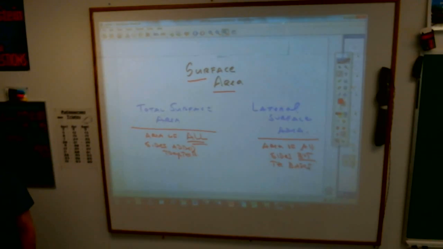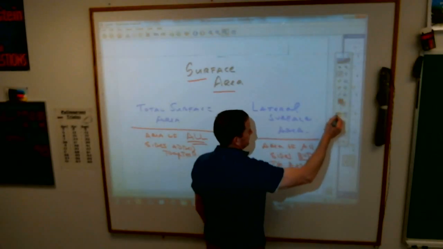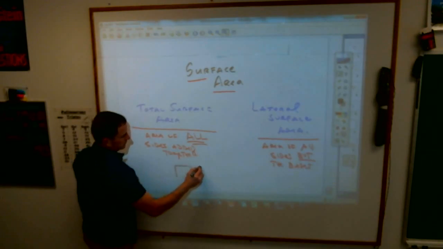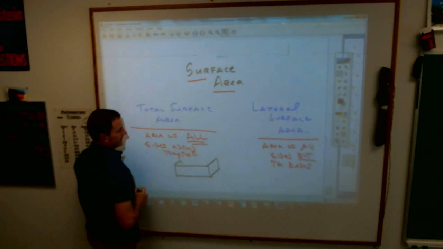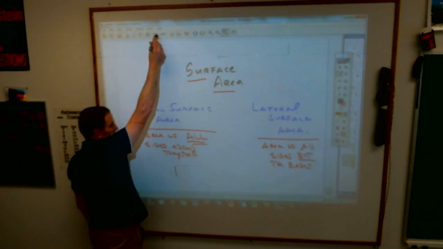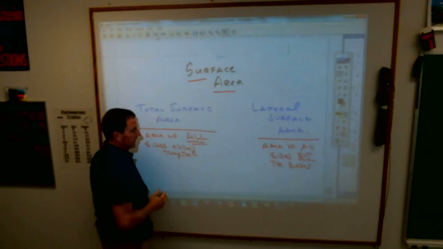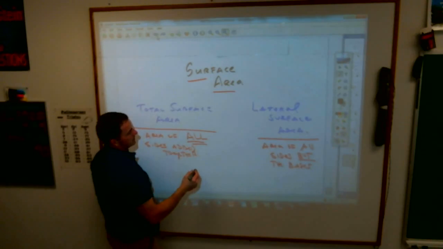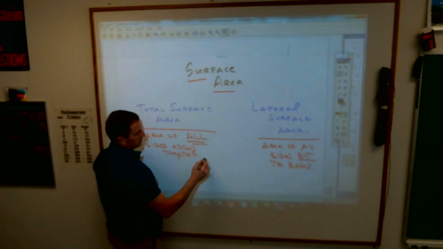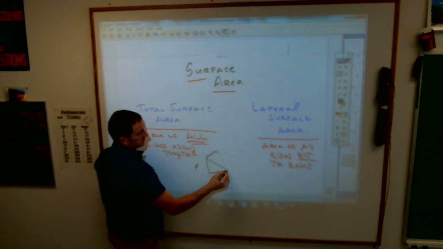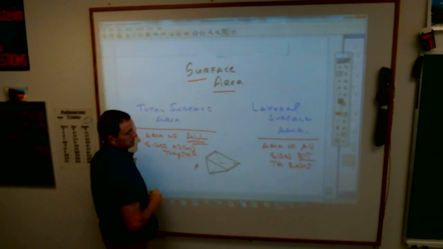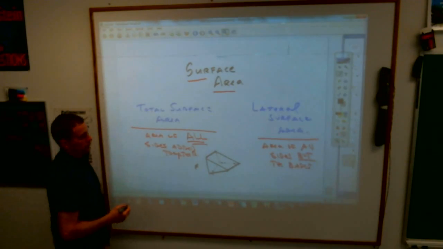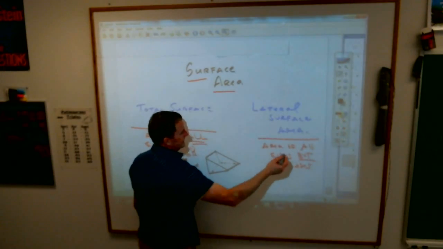Okay, that means this. If you have a rectangular prism, if I have a triangular prism, if you are looking for lateral surface area, let's put some easy numbers on this.